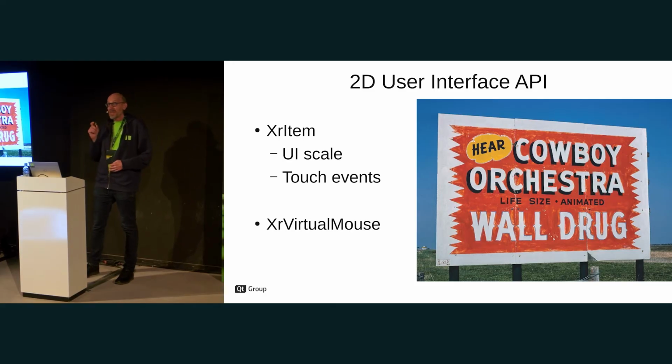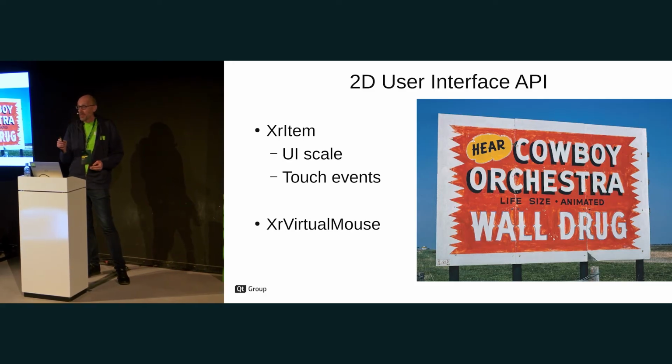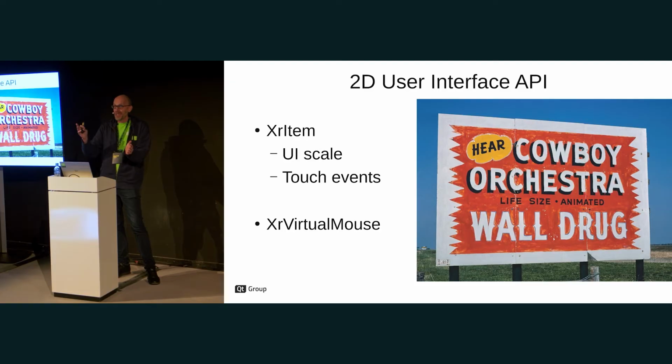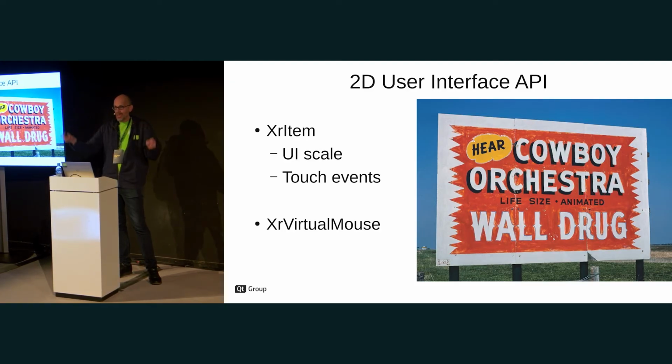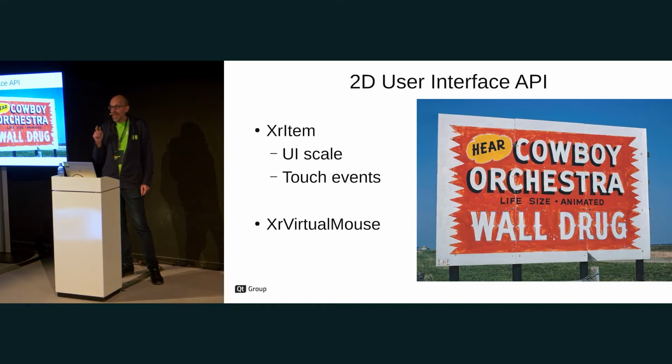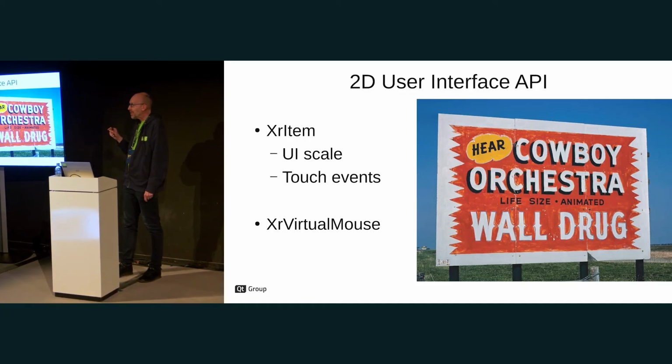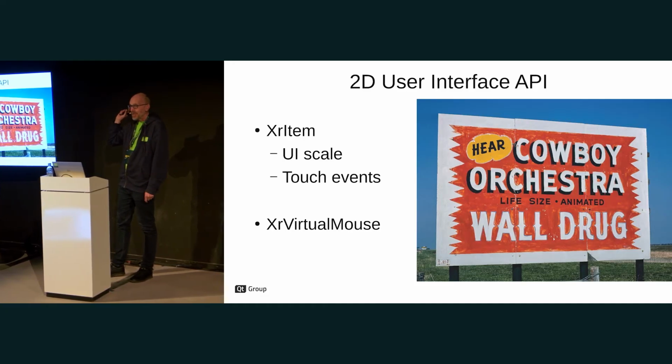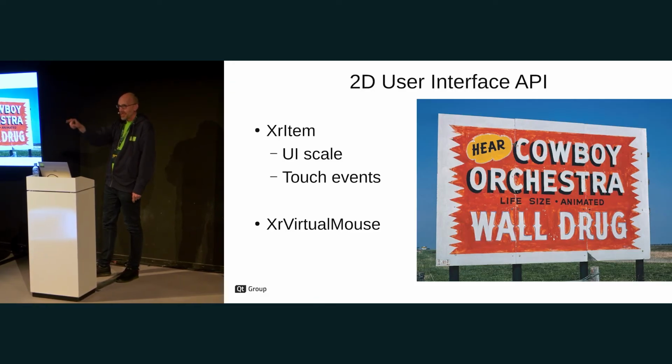So we give you the XR item that allows you to specify the physical size of your user interface independently from the logical pixel size of the user interface. The XR item also allows you to give touch events using hand tracking. We're going to come back to that.